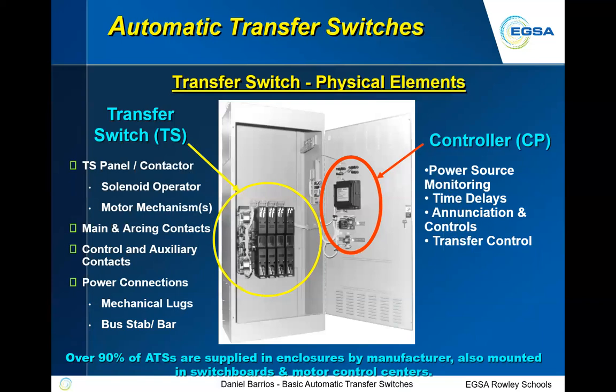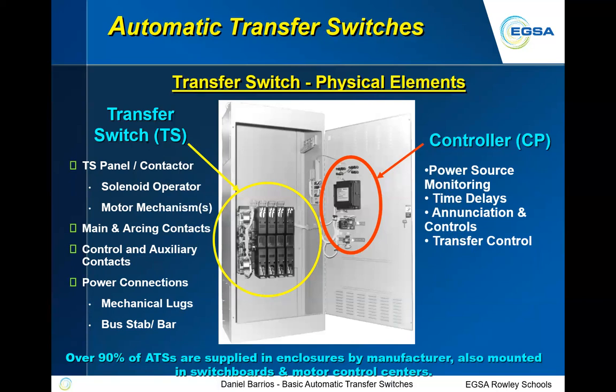The arcing contact opens first before the main contacts, the current carrying, which we should have a better picture of, before those open, and the arcing contacts and the arc chute basically absorb that arc and extinguish it. So the arcing contact is a little bit of a sacrificial device so that your main contacts are not damaged during typical transfers.